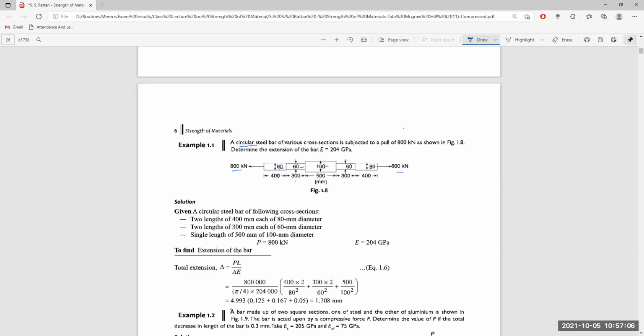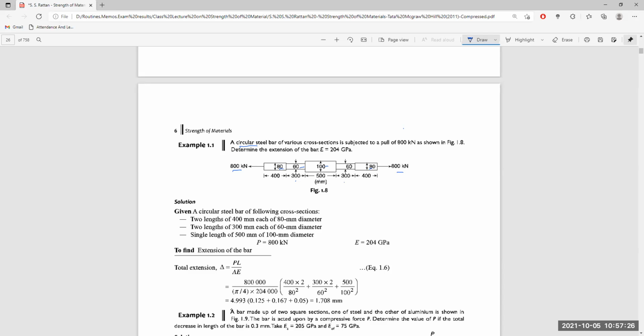But the resisting force or stress is not uniform, because it is the resisting load divided by area. As the area is different, the stress is different, and so the elongation is also different.